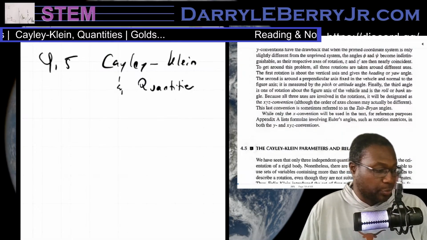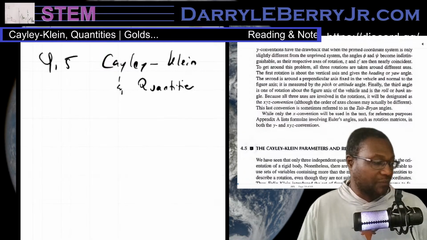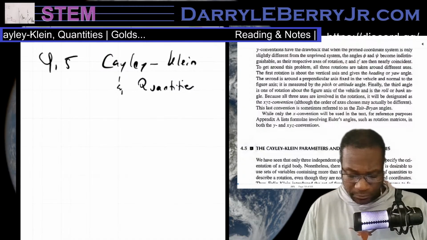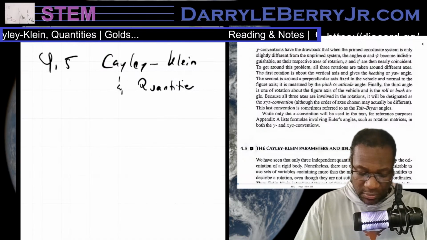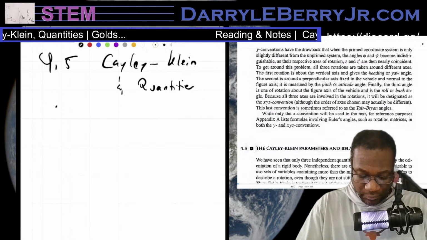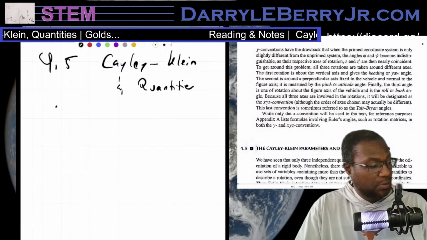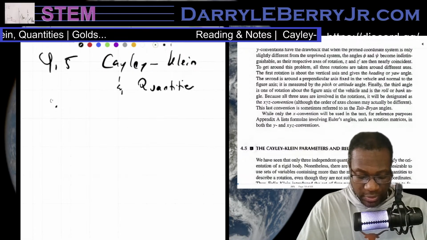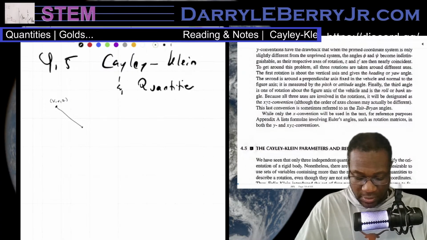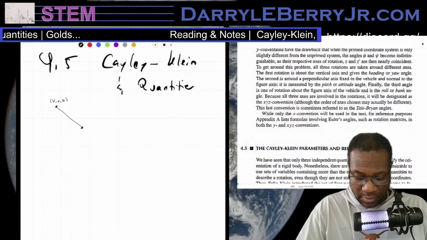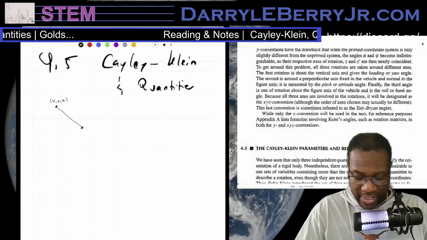We have seen that only 3 independent quantities are needed to specify the orientation of a rigid body. So earlier we saw that we had one for 1 point, let's say x, y, z, and then one here, which would only be in relation to that one.